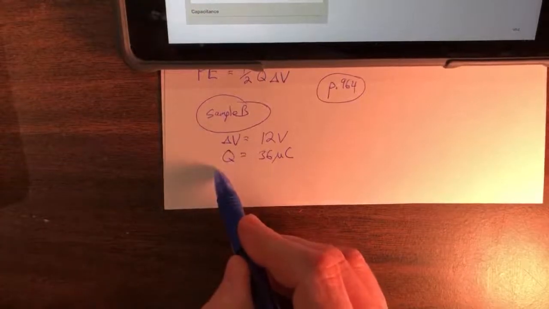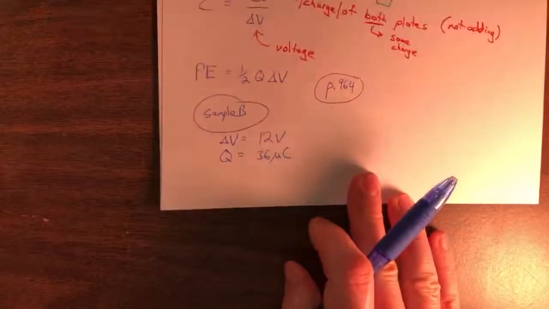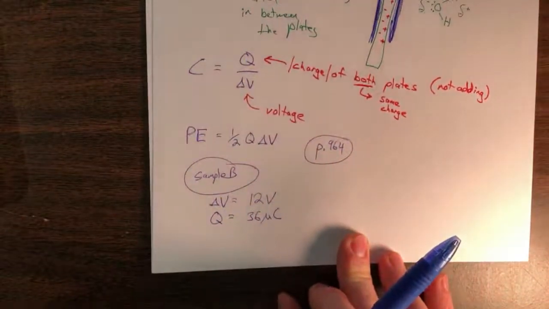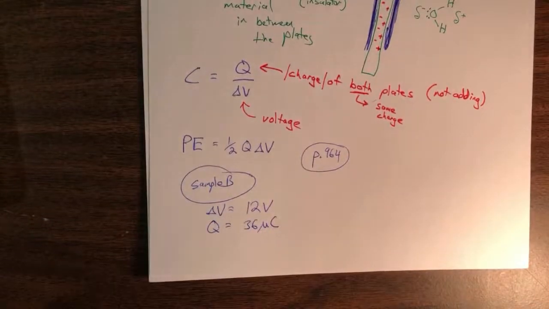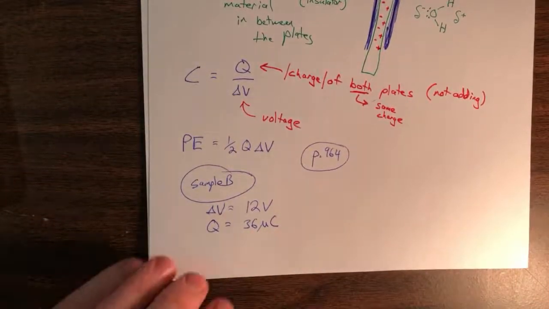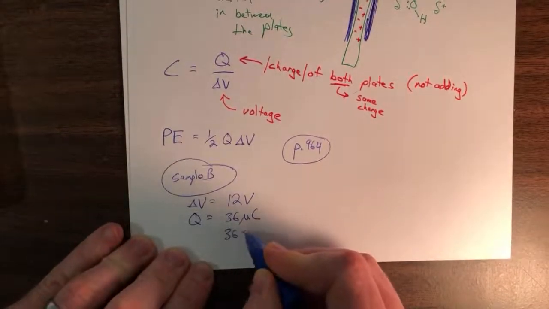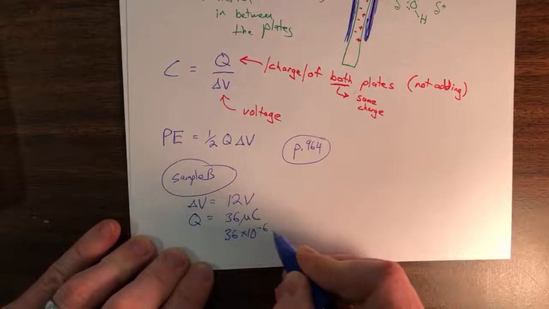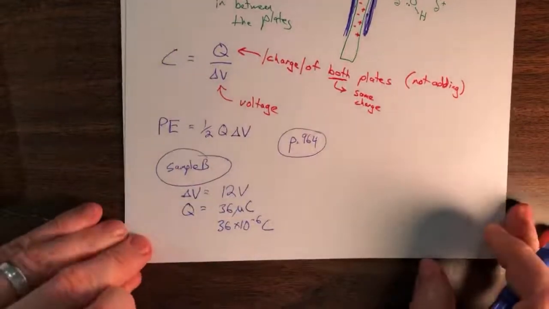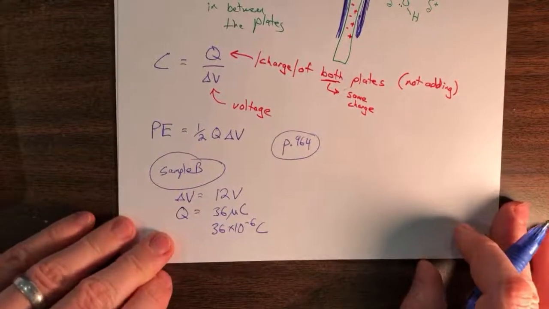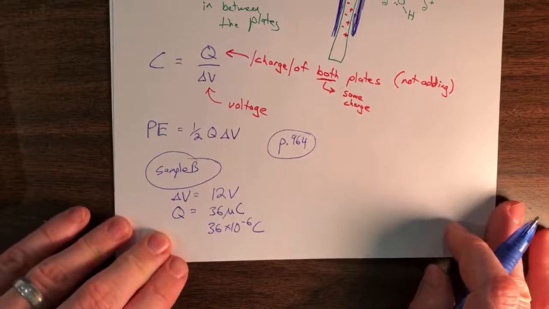And we have this information. So let's go ahead and do it. Now we can just leave this as microcoulombs, but you need to really remember what that means. So this means 36 times 10 to the minus 6 coulombs. You're going to find your book mentions maybe some other prefixes too, and let me go ahead and remind you, okay?